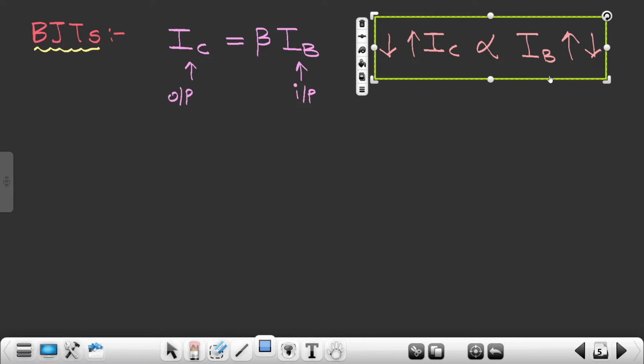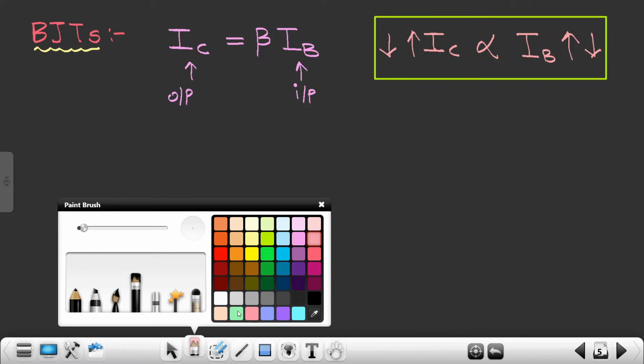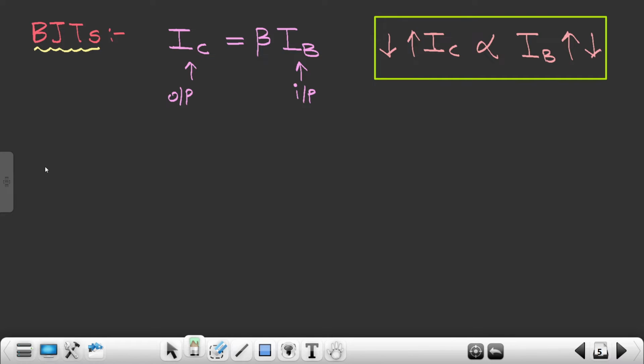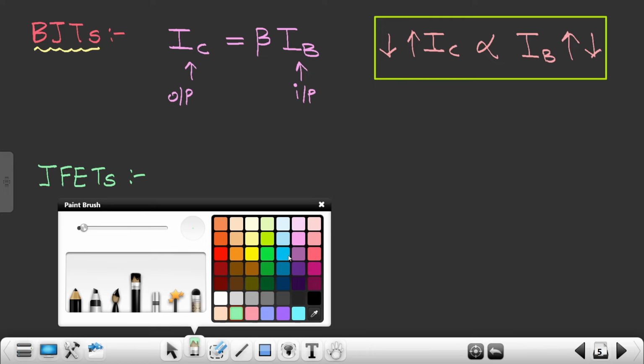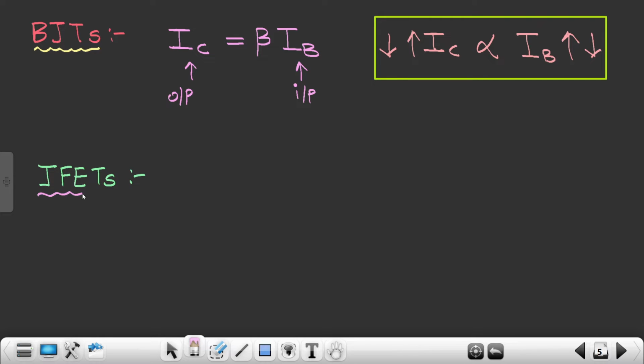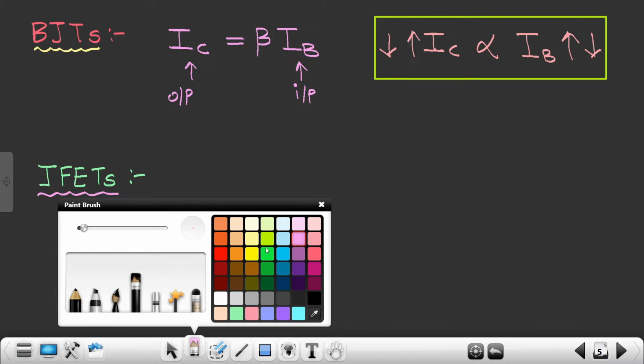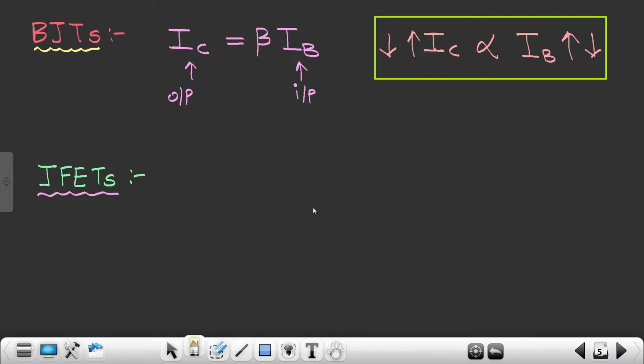Great. All right. So let's come to the JFETs. In case of JFETs, things work a little differently. So let me write it properly. My handwriting is not that good, but still try to understand the concept. In case of JFETs, we all know the current equation of JFET, that is Shockley's equation.